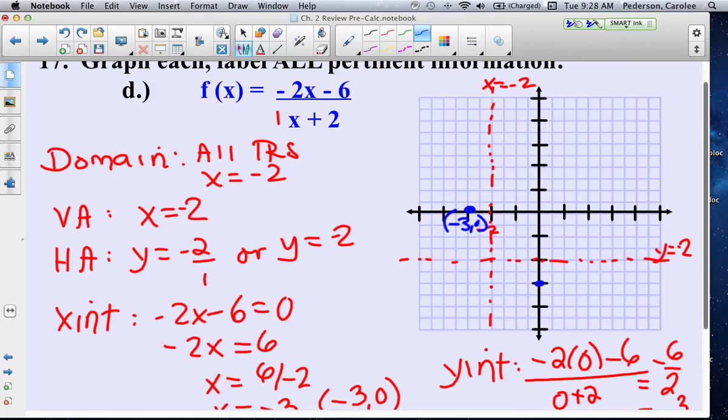Y-intercept of negative 3. And then I would just try a couple of additional points. You're going to have a curve like this, and a curve like that, because the asymptotes will help guide it. And there wasn't symmetry anyways. So you just find a couple more points around those two intercepts.